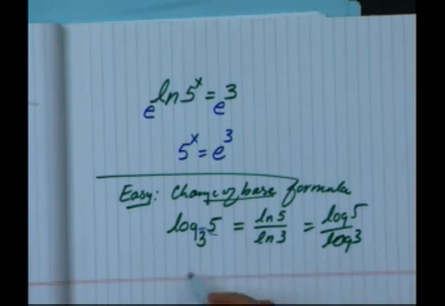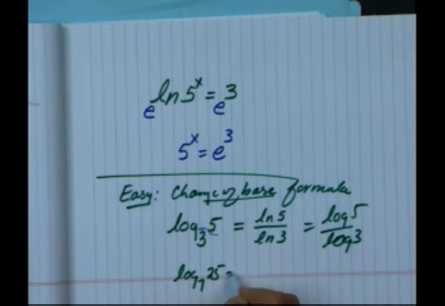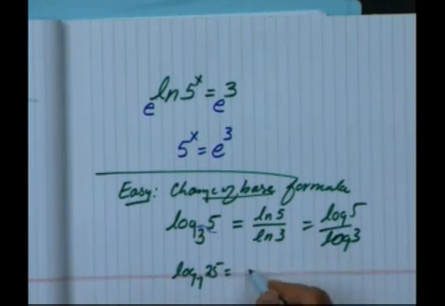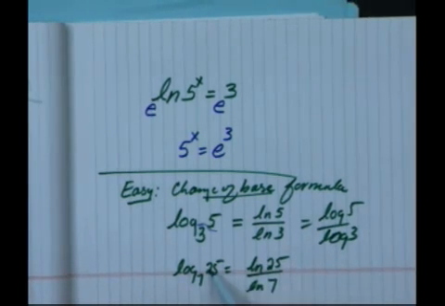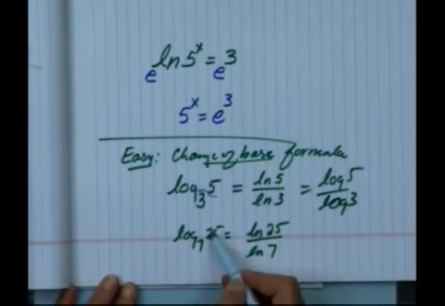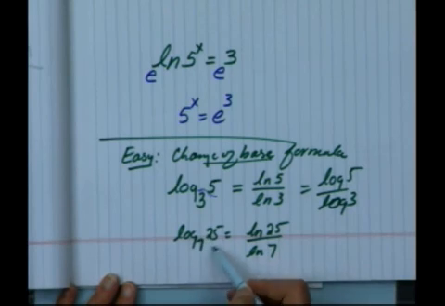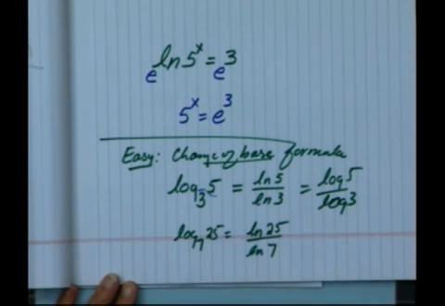And you got it. What about log to the base 7 of 25? Change it to natural log. What is it? Natural log of 25 over natural log of 7. Okay, and this is the way I remember it. This is up in the numerator, and that one's going to be down in the denominator. Okay? Is that good?